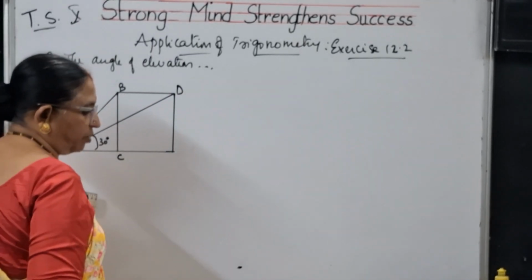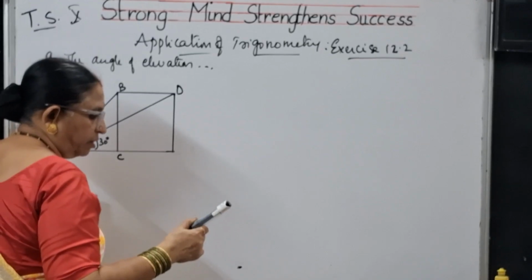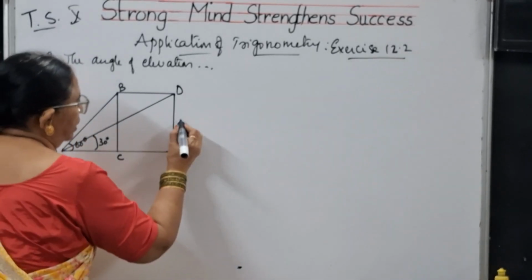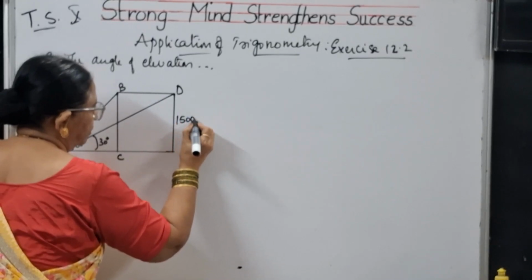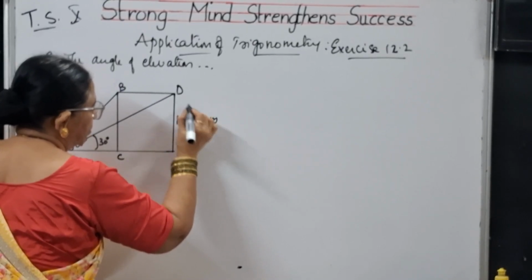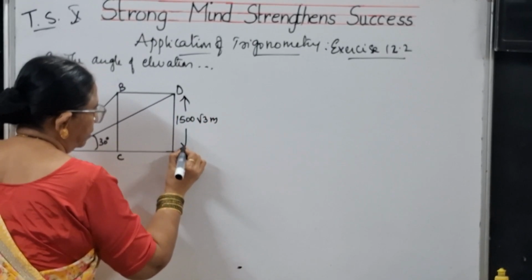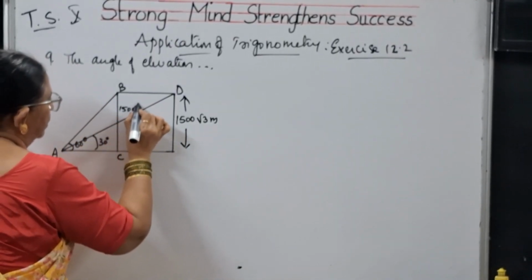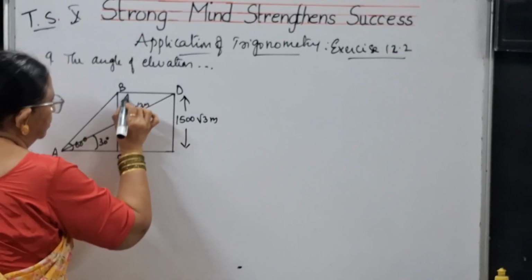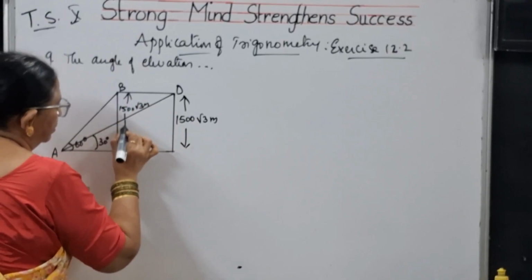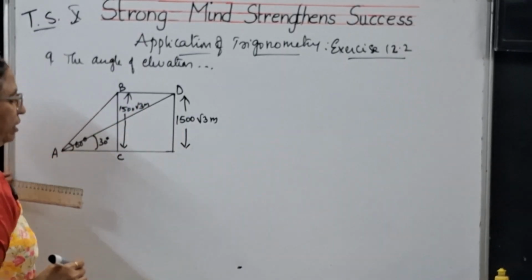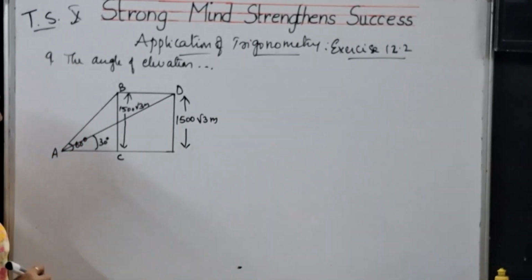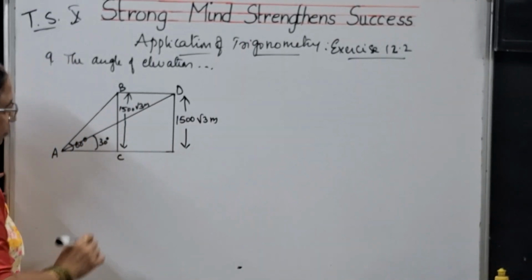Now what else they have given? The jet plane is flying at a constant height of 1500 root 3 meters. So this height is also 1500 root 3 meters, the height that it is flying. Now the question is, what is the speed of the jet plane?